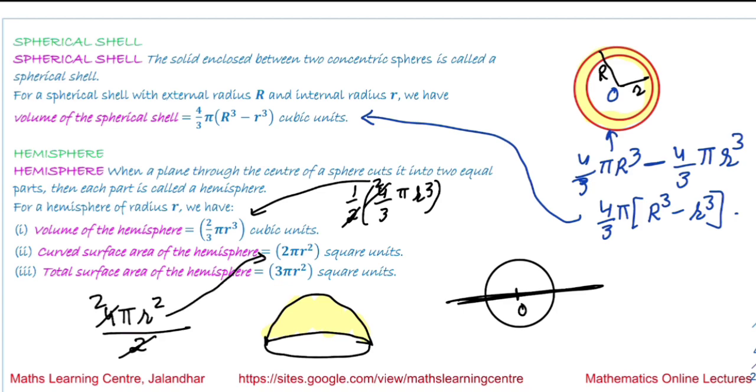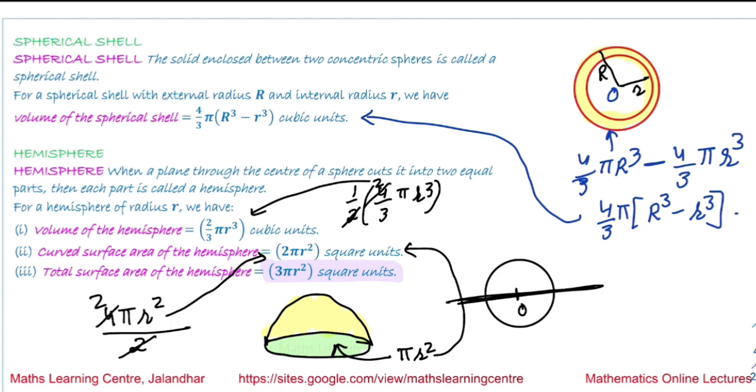Total surface area of the hemisphere means this region is also covered now. The area of this region is the area of the circle, pi r square. So it is 2 pi r square plus pi r square, and the final answer we get is 3 pi r square units. This is the total surface area of the hemisphere.